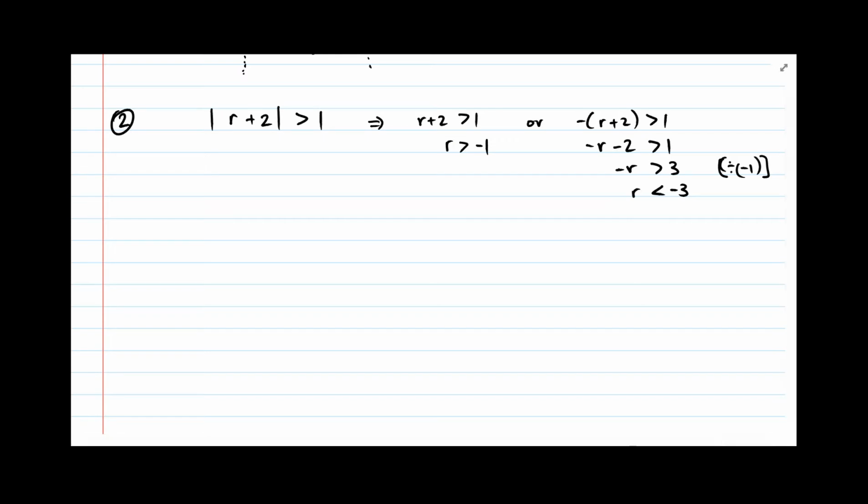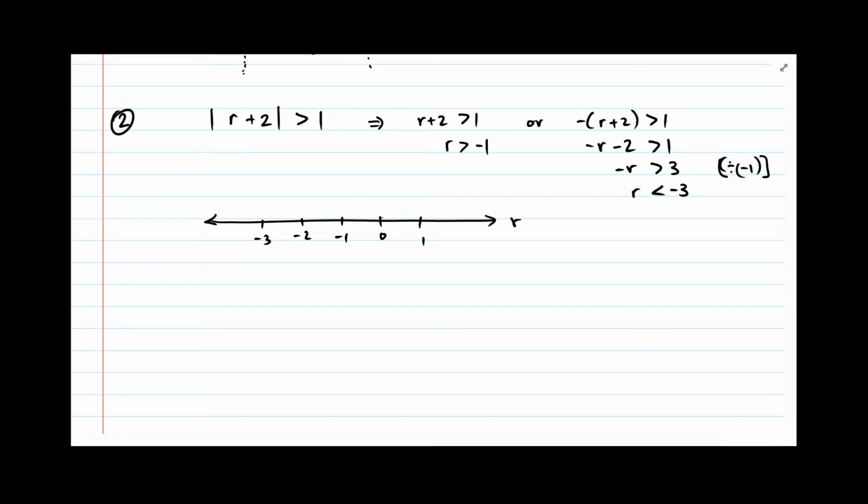Let's look at the graph of the solution, instead of going through the individual items. Here's negative 1, negative 2, negative 3.